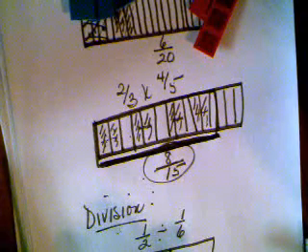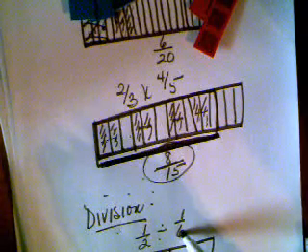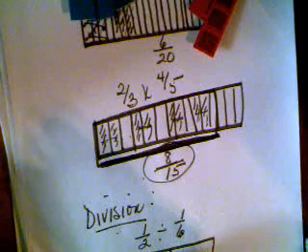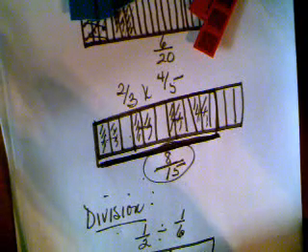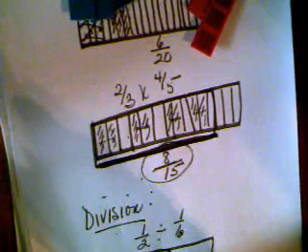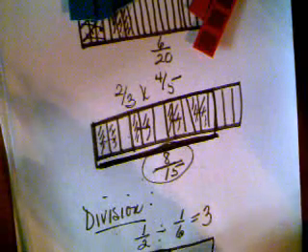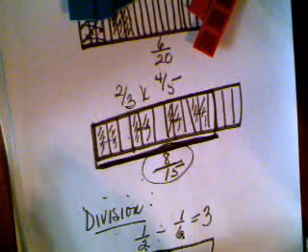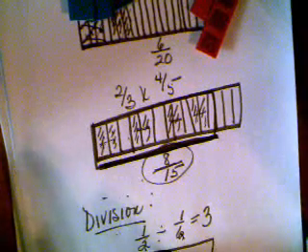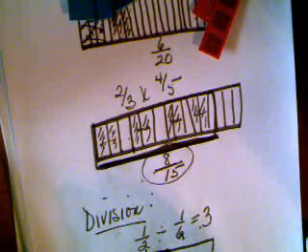And what we want to do is see how many 6 there would be in 1/2. So there would be 1, 2, 3. And that is the answer. How many 6 are there in 1/2? Or we want to divide 1/2 into 6. And there would be 3 of them.